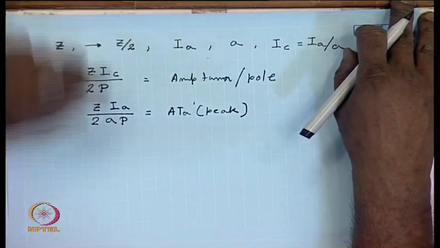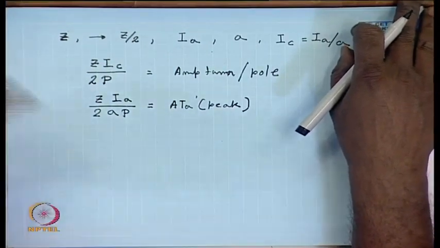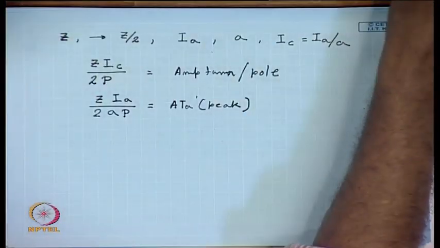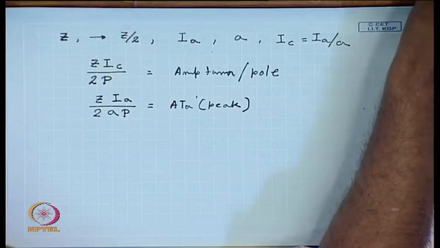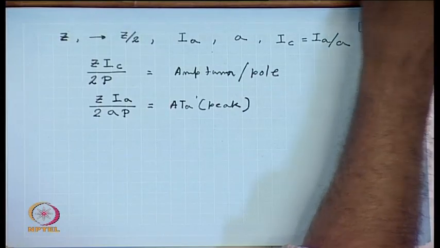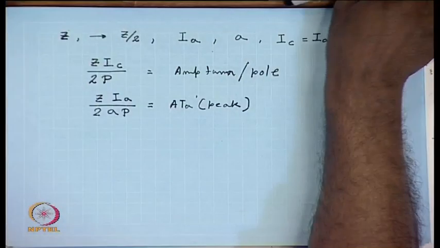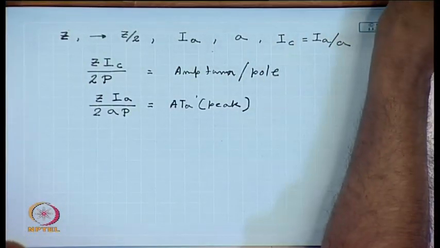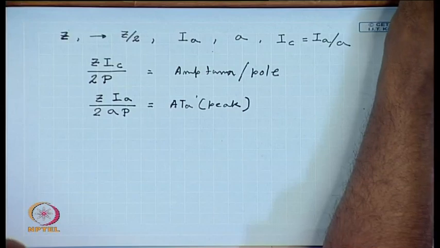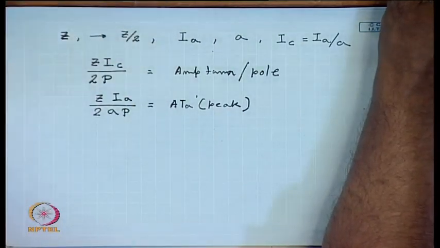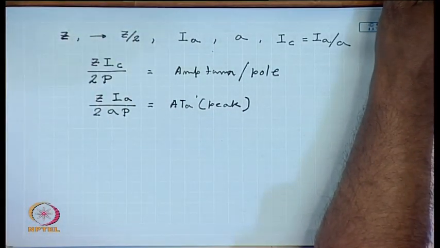In order to negate the effect of armature reaction, these ampere turns need to be compensated.